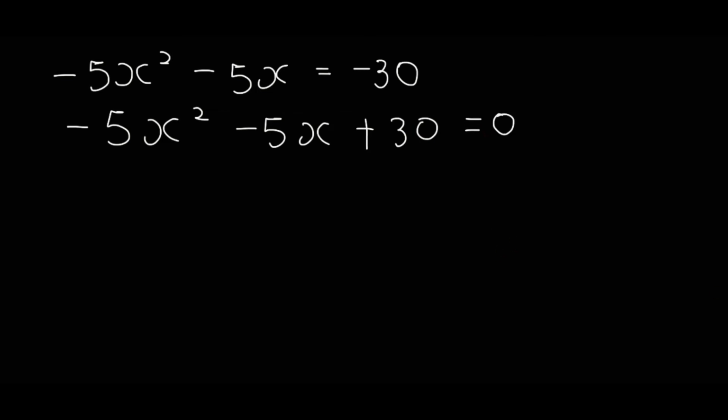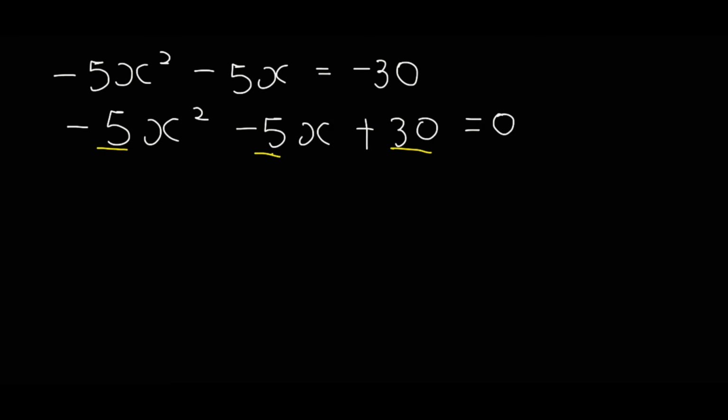From there notice that we have this 5 as a common factor, because 5 is this one, the same here and the same here. So the first thing we try is to divide everything by minus 5.